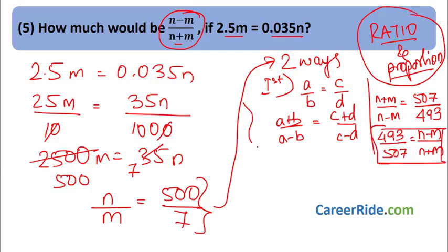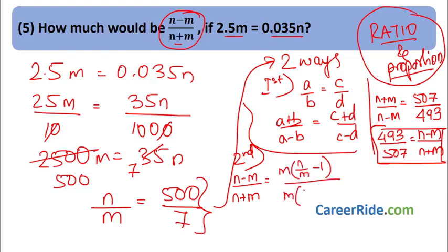Now let us see what the second method is. The second method is also easy, but it is a little bit lengthy and you might make mistakes in calculation. Now I have n by m is equal to 500 upon 7. What I want to find is n minus m upon n plus m. If I take m common, I get m into n upon m minus 1, m into n upon m plus 1.